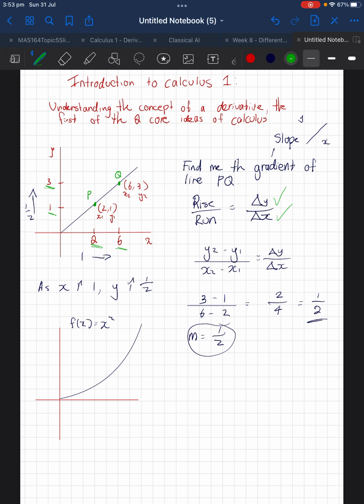So for example, let's pick this point here. Now, a line going through this point would touch it and touch no other point on the curve. So this is what you call a tangent line.